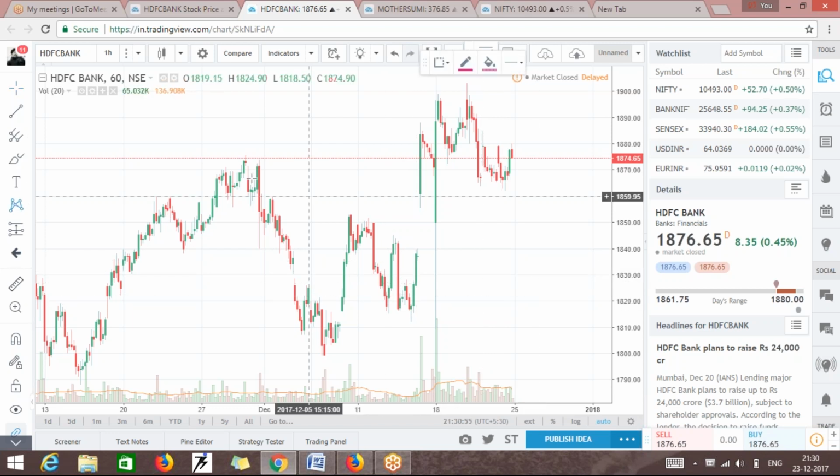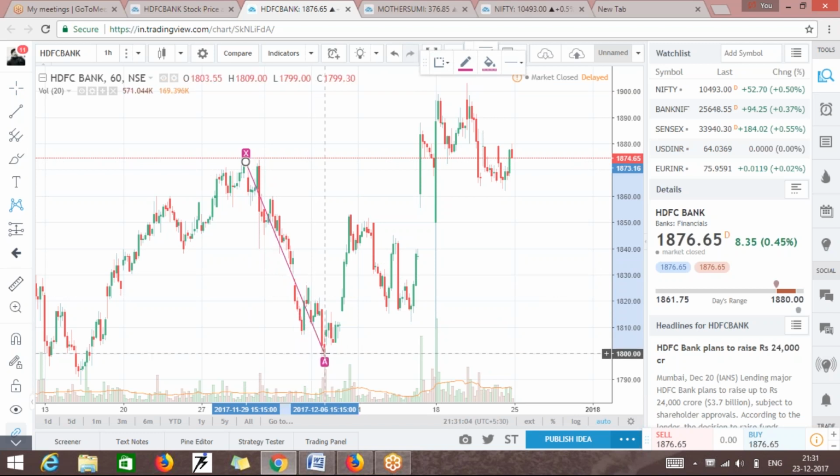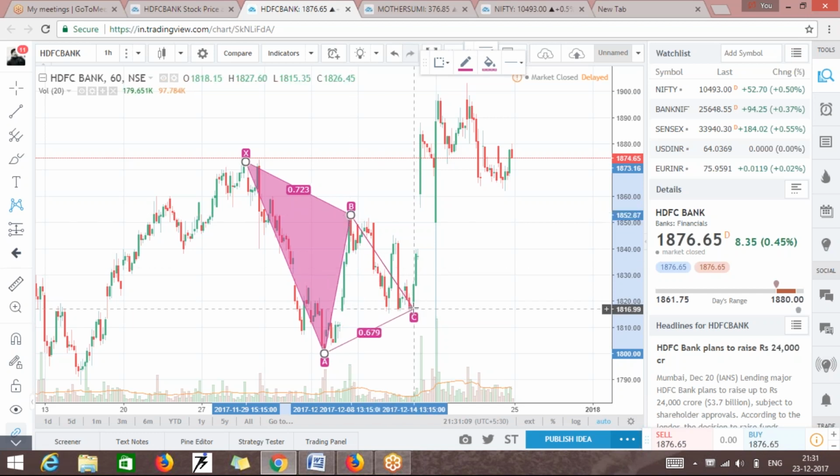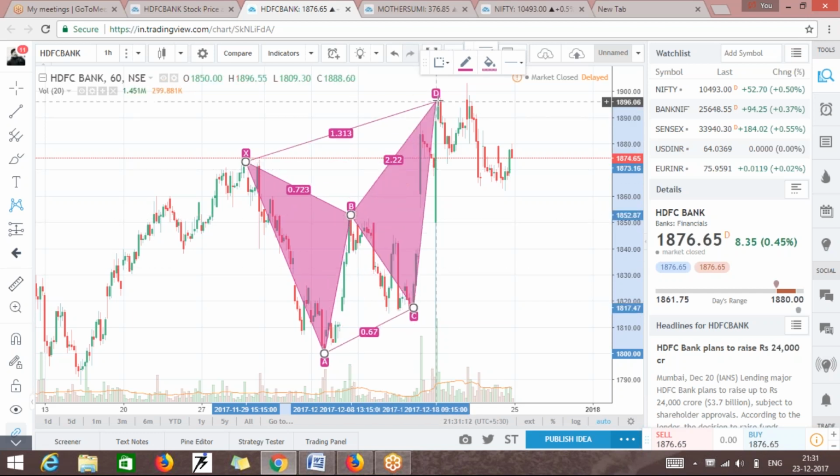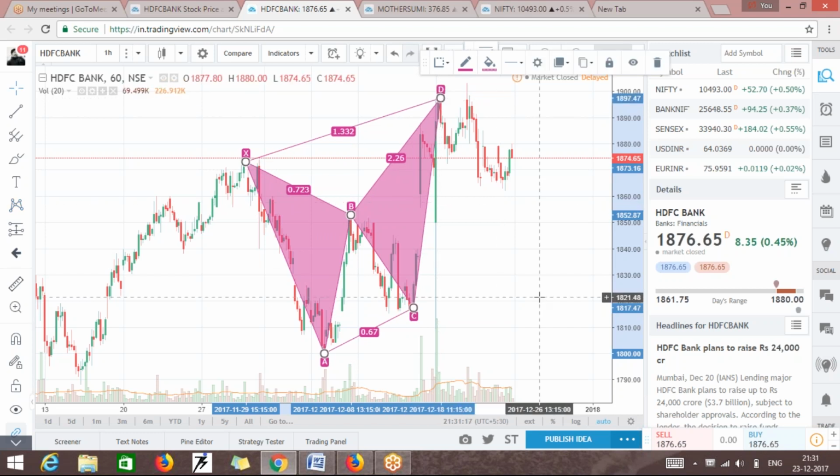I have taken the triangle, this is the point where it was the reversal. From here it started the downside movement. This is XA, this is AB, this is BC, and this is D. I would explain here. This pattern we haven't discussed.